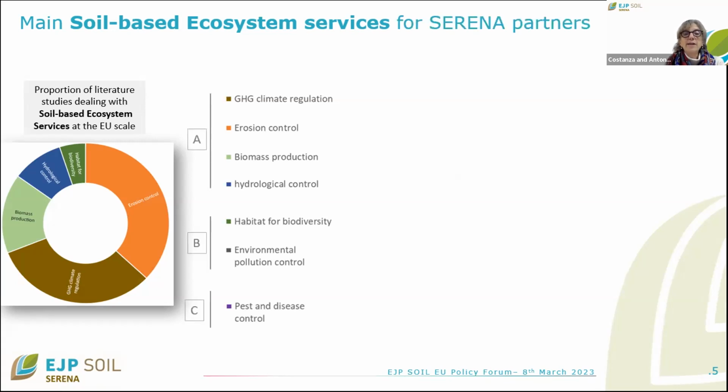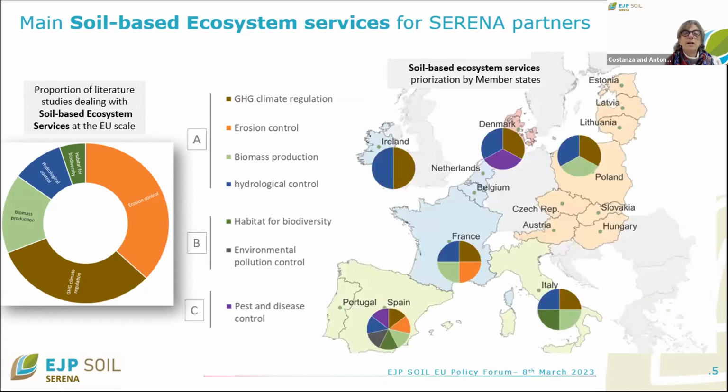You see that in this case, the four most studied ecosystem services are the same as those assessed as the highest priority on average for our consortium. And again, this is the distribution among the countries of the Serena consortium.